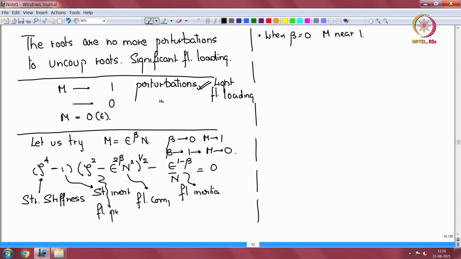Let us number this, sorry, just number it 1, 2, 3, 4, 5. So, 5 is the smallest, fluid inertia is the smallest.